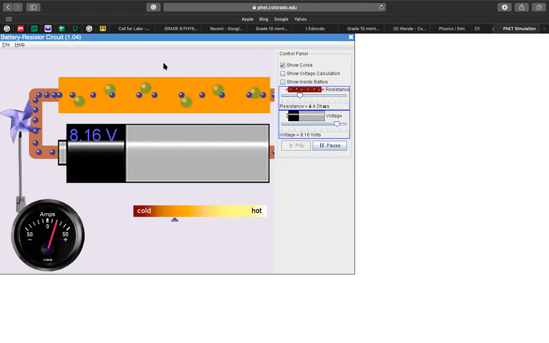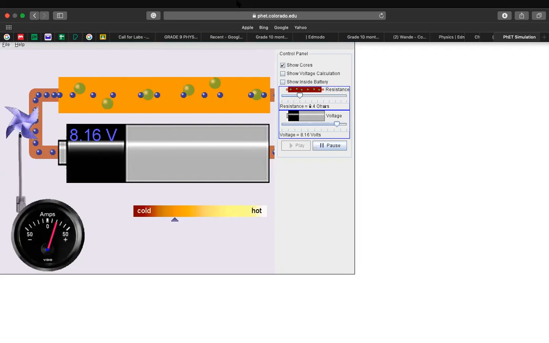So basically, what is happening on the screen right now is that it's showing how energy leaves the battery. It's also showing our flow of charge. So we look at the increase in voltage coming out of the battery, and then we observe the flow of charge, or the increase in the speed of the flow of charge, or electric current.